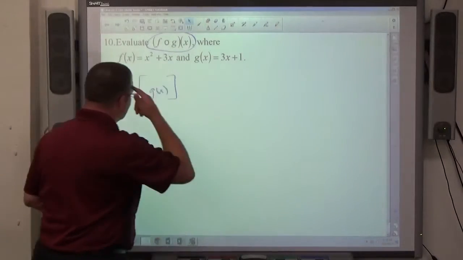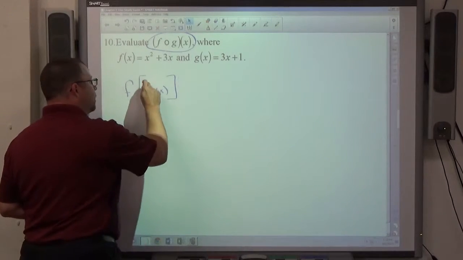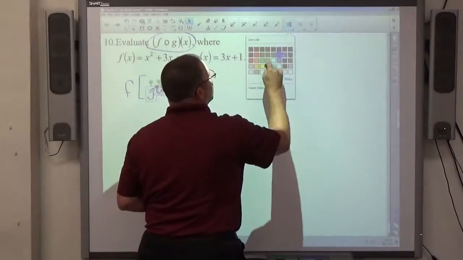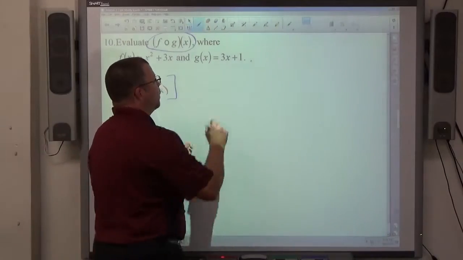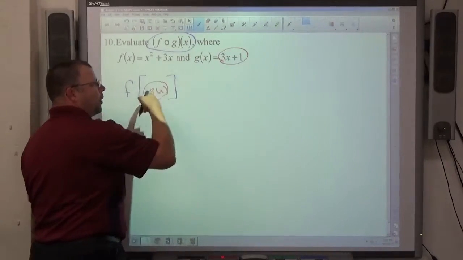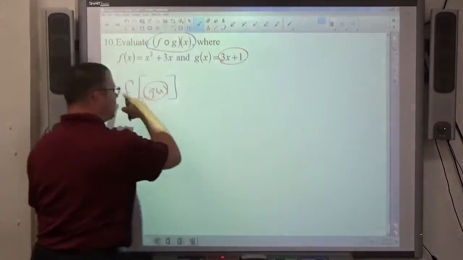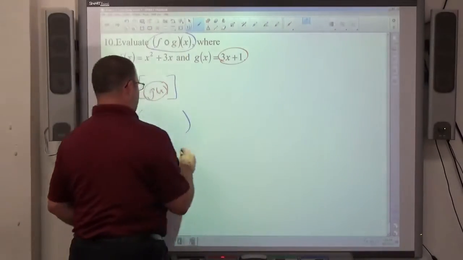And the trick to this, and it's not even a trick really, it's just following the rules of functional notation. G of x equals this expression. This g of x and 3x plus 1 are equivalent to one another. So if it says f of g of x, I could just easily say f of 3x plus 1.